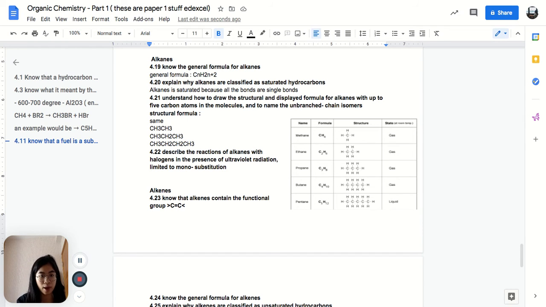Substitution only happens with alkane, combustion could be alkane and alkene, and addition is alkene. If you don't remember, it's okay. We will talk about that here again. So this is substitution, the reaction of alkane with halogen.